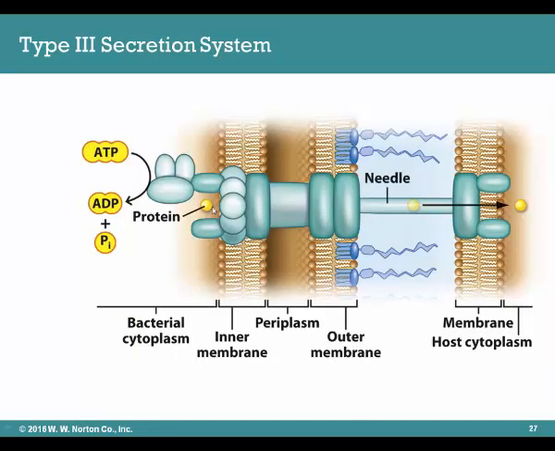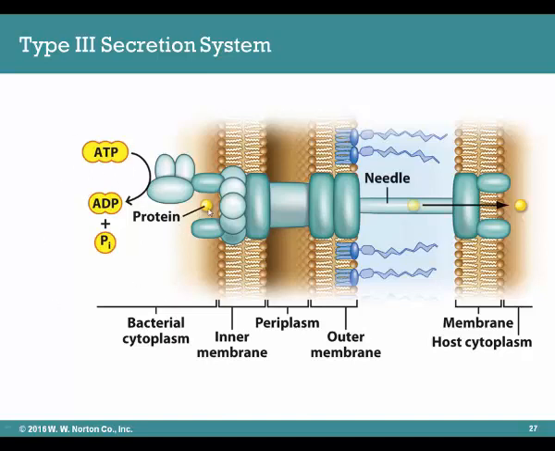Another type of protein system that's responsible for secretion of toxins is called the type 3 secretion system, and it's not just toxins but other factors that may affect the host cell metabolism or host cell cytoskeleton that are shuttled through this system. So here we are on the left with the bacteria.